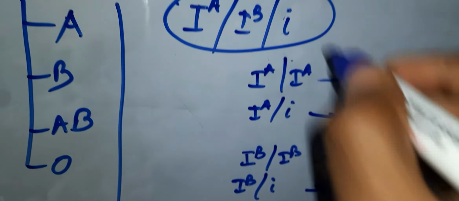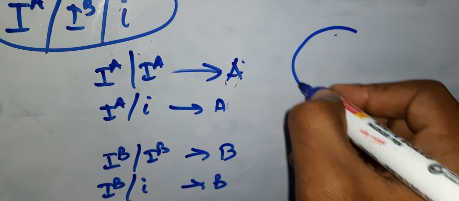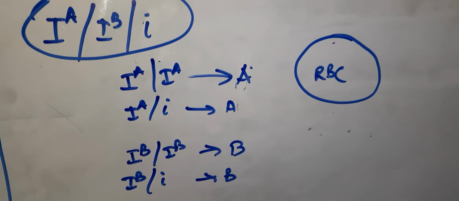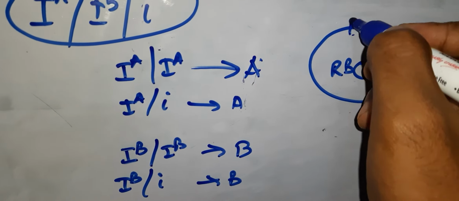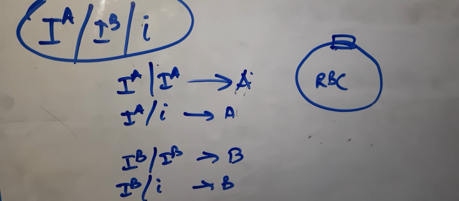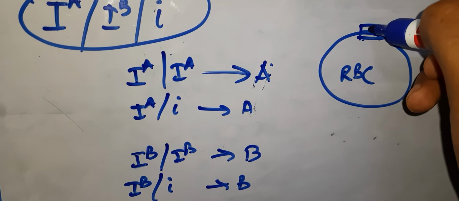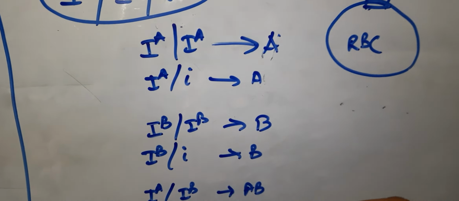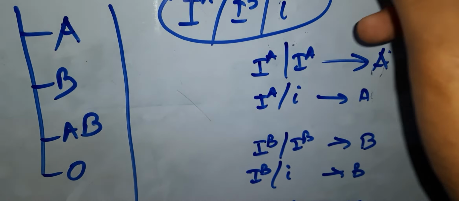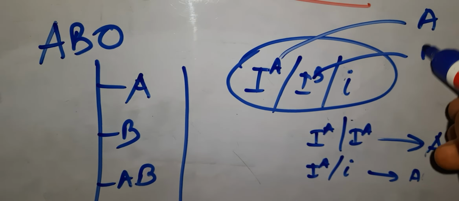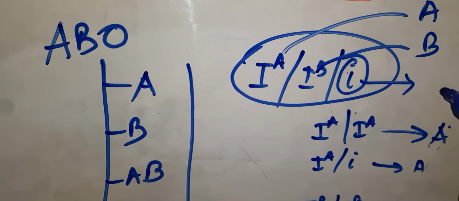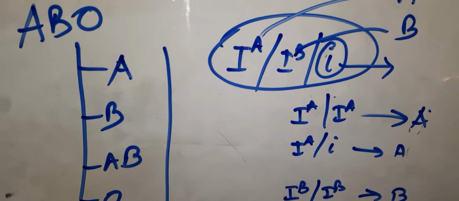These are the alleles that are responsible for sugar moieties or the carbohydrates on the plasma membrane of our RBC. These sugars, or IA, IB and small i, in case of IA produce this one, IB produce this one, but in case of small i, no such components or elements are produced or present on the surface of RBC.